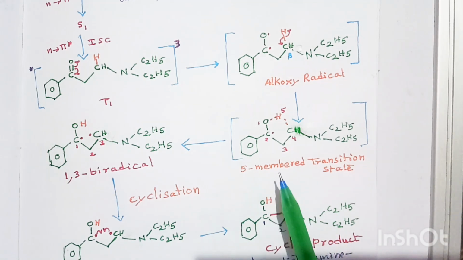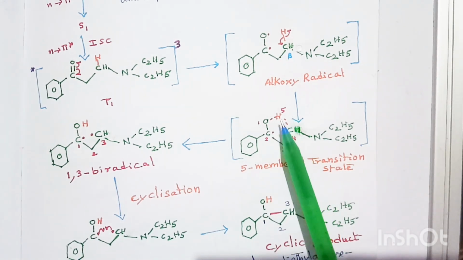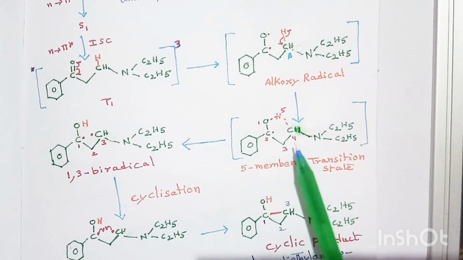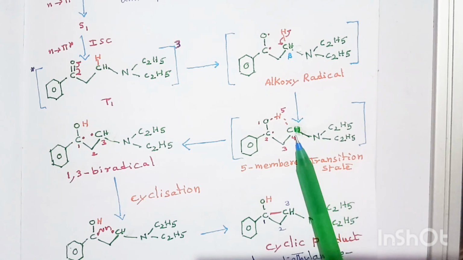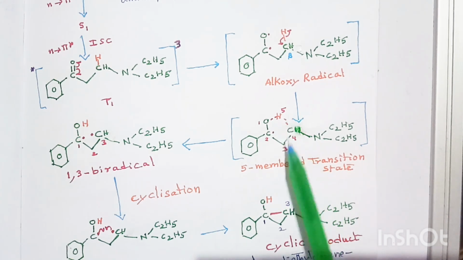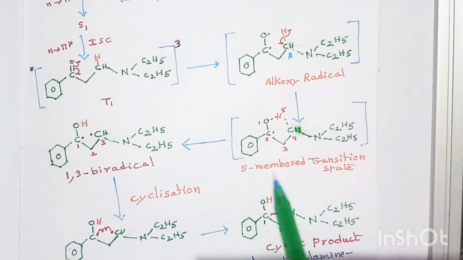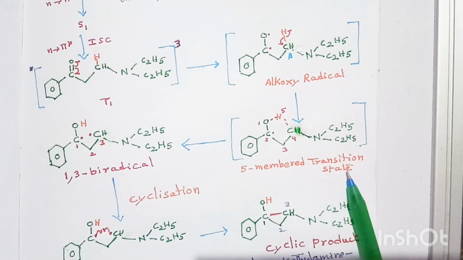So we get a cyclic transition state. Let us number the transition state. Oxygen is 1, carbon is 2, this carbon is 3, this carbon is 4, this hydrogen is 5. So we get a 5-membered transition state.